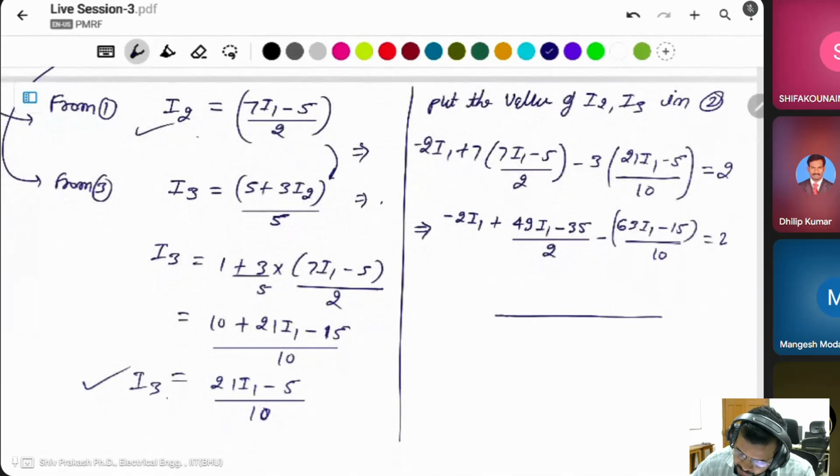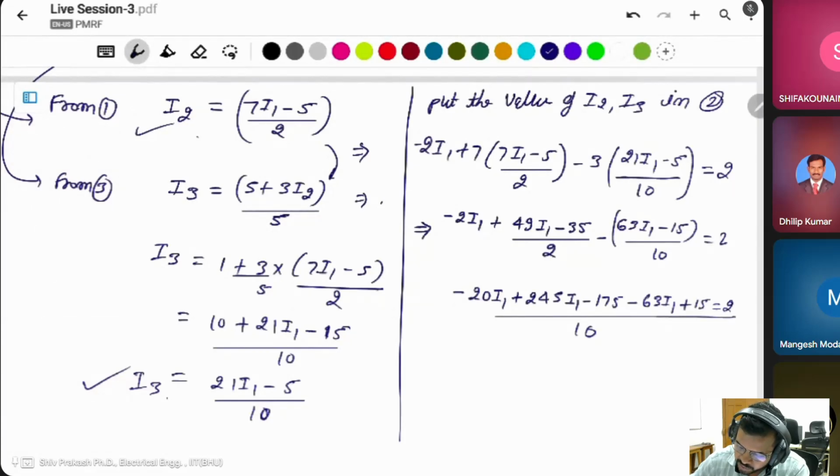Take the LCM of 10. This will be minus 20 I1 plus 49 into 5, 245 I1 minus 35 into 5, 175, minus 63 I1 plus 15 is equal to 20.